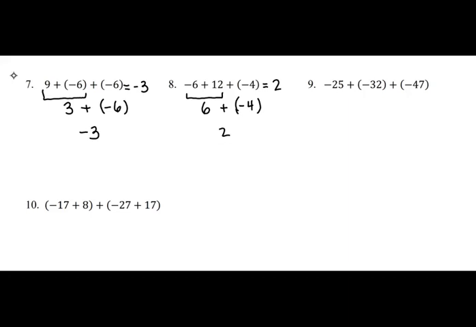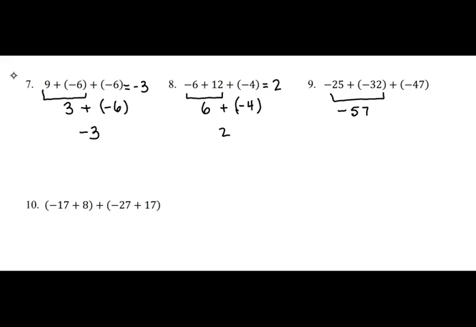In number 9, we have negative 25 plus negative 32 plus negative 47. Start with negative 25 plus negative 32. Both numbers are negative, so I'm going to keep the sign and add the values. 25 plus 32 is 57, so it's negative 57. I don't need to choose here because both numbers had the same sign, negative.